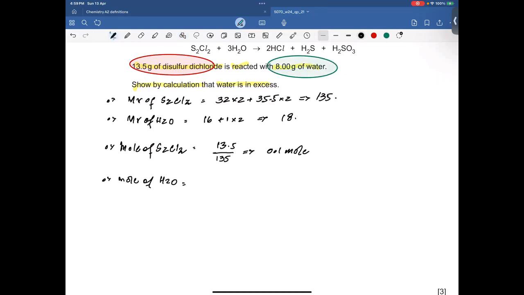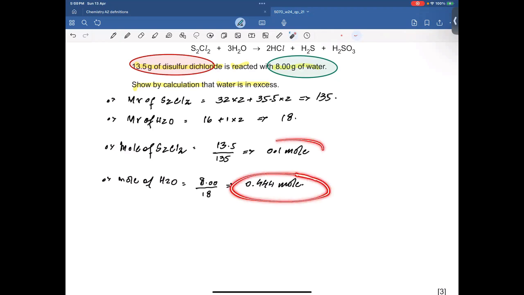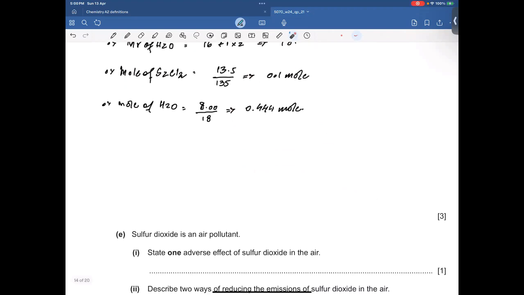So 8 gram divided by 18 is going to be how much? 0.444 moles. So note that here moles of water are more and moles of S2Cl2 are less, which means water is in excess.